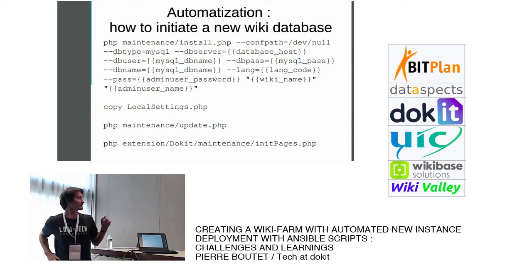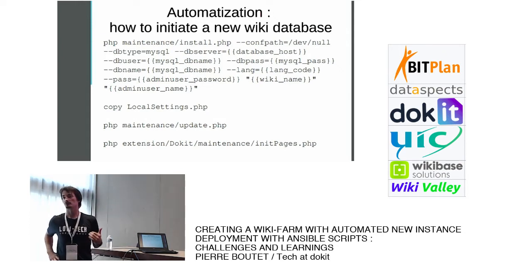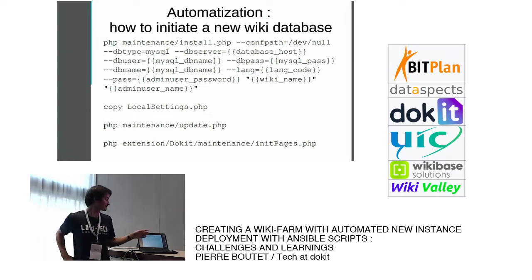And the last step, we run a little script from our package, which will set up the pages. It's simply listing a directory with pages and creating those pages in the MediaWiki instance. So with this script, we can just build up a new MediaWiki with some scripts.